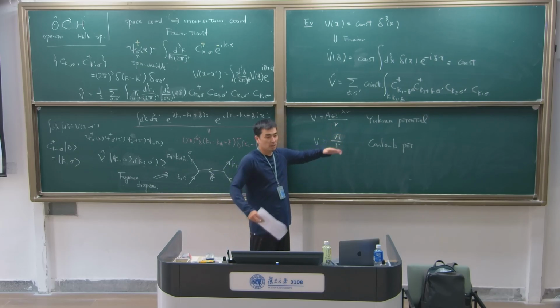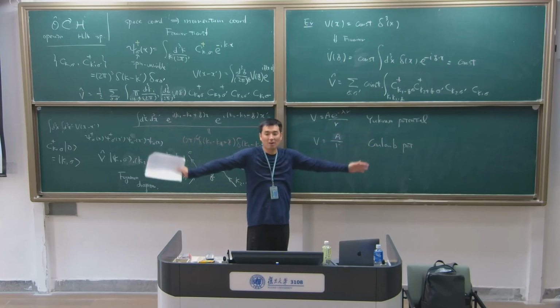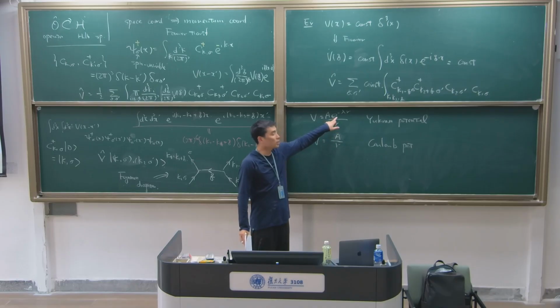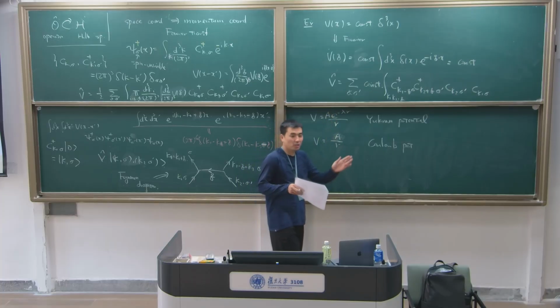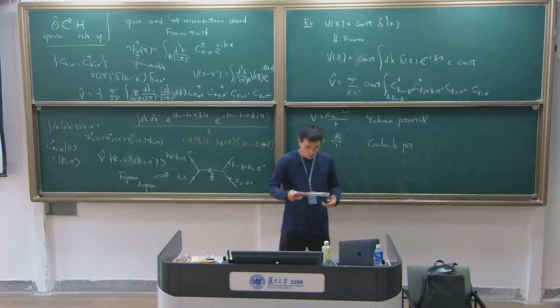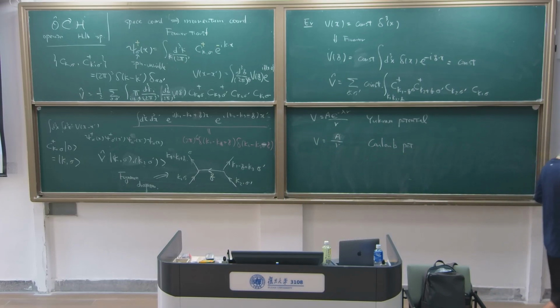Therefore, the interaction goes to long range. But here you have an exponential decay term with radius. So therefore, it's really a short range potential. And then let's do the Fourier transformation.